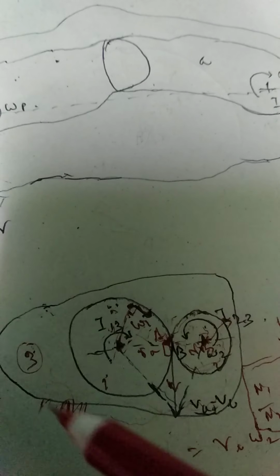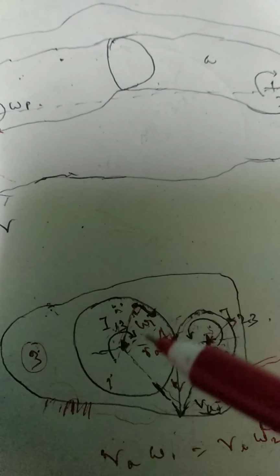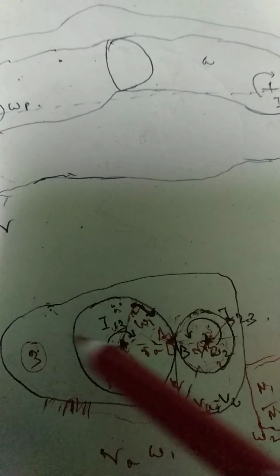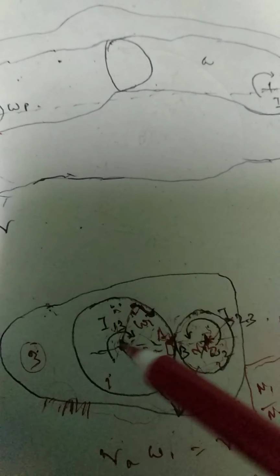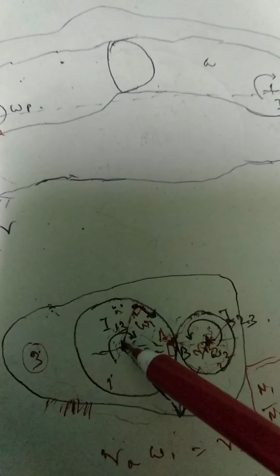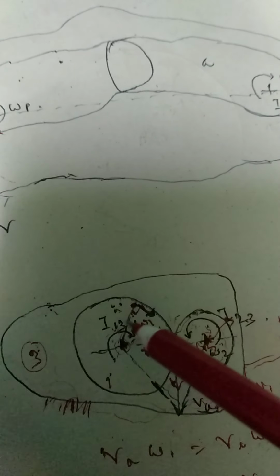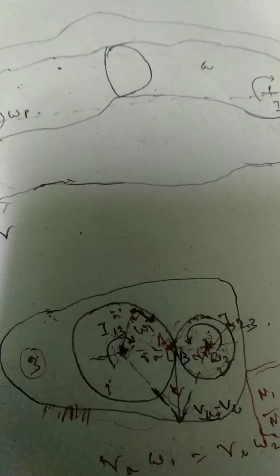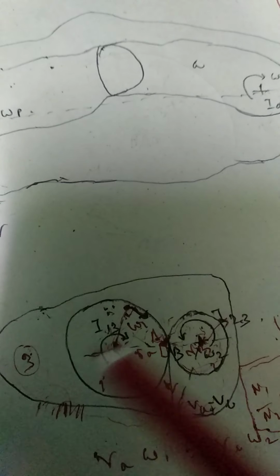But if body 3 was not fixed and was also moving, the relative velocity at other points would not be 0, but the relative velocity at their I center would always be 0. So there will be no relative velocity between 1 and 3 at their own I center.